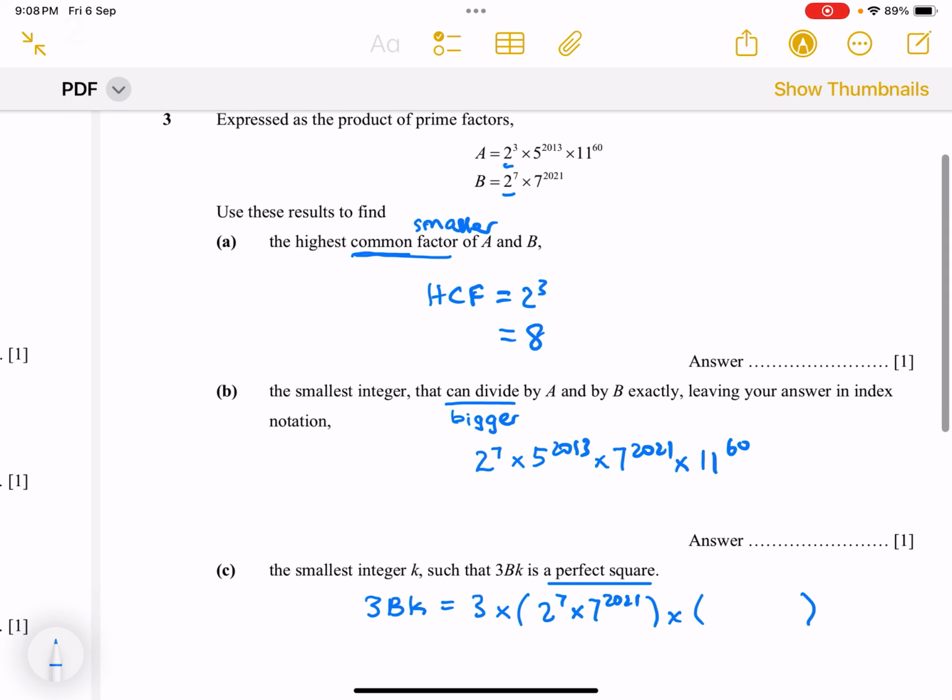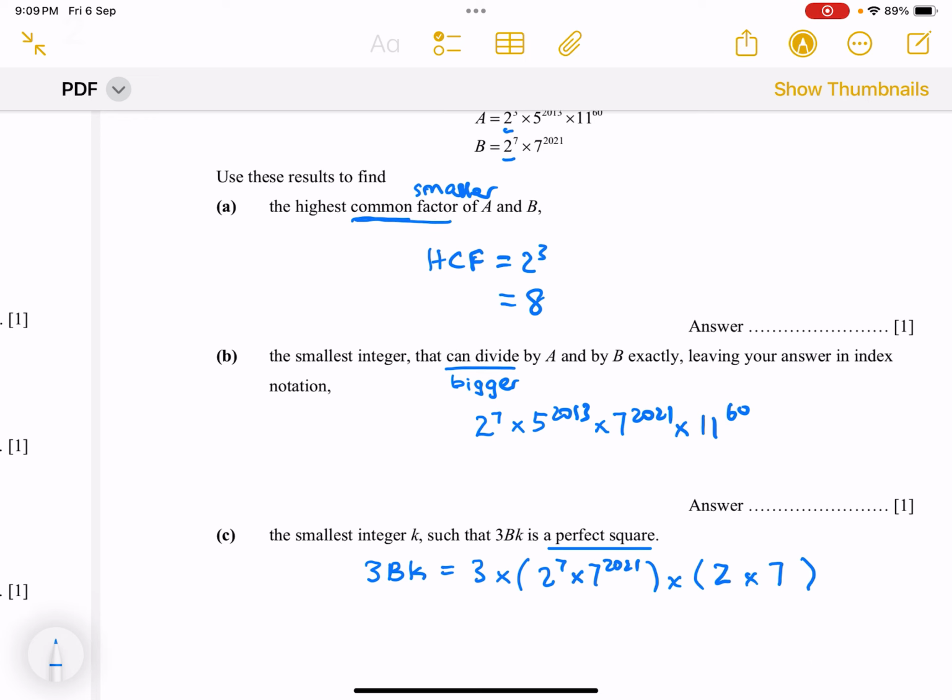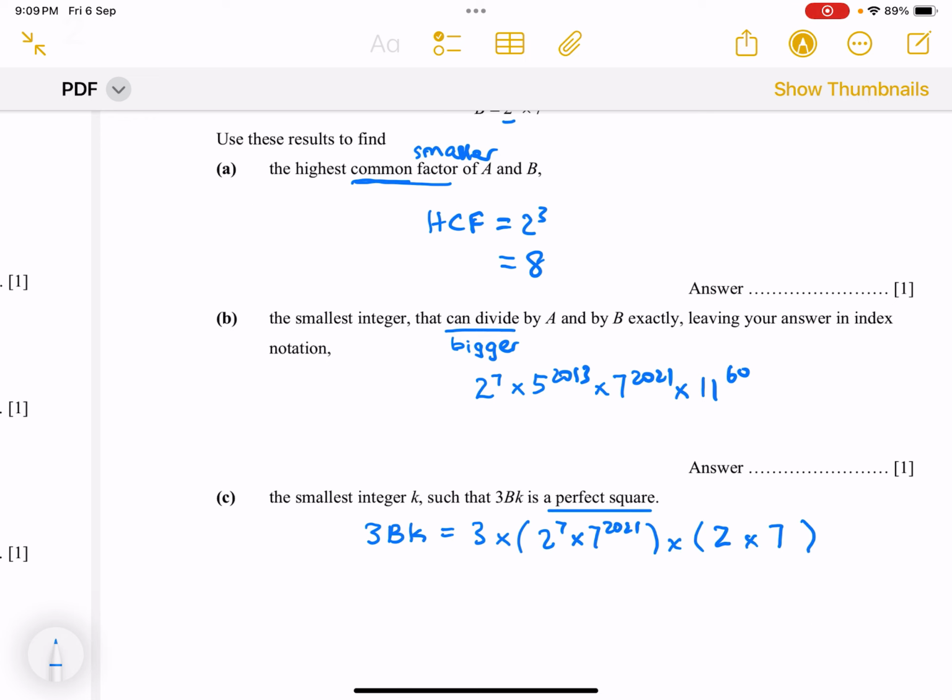So in order that we get an even power, we need another 2 that will give us 2 to the power of 8. And then we also need one more 7 to give us 7 to the power of 2022, right? Therefore, the number that we add in is the value of k.